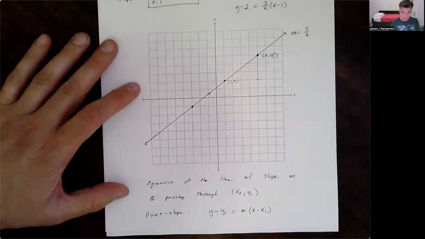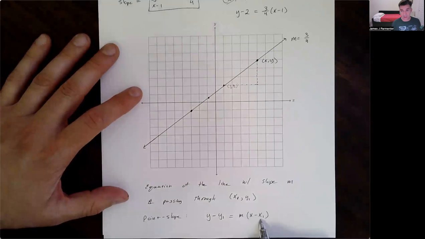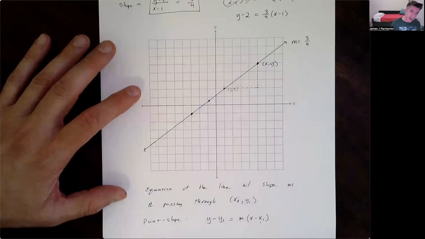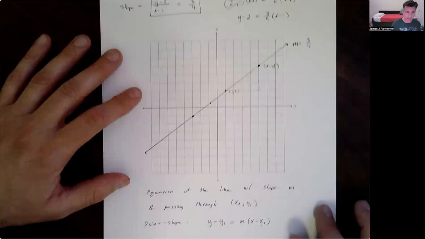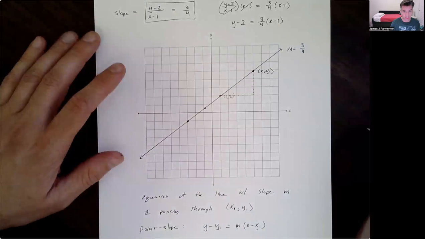Because it's exactly coming from the fact that (y minus y1) divided by (x minus x1) is equal to the slope. The problem with this is that we don't usually like to leave it like this. I'd much rather isolate y.